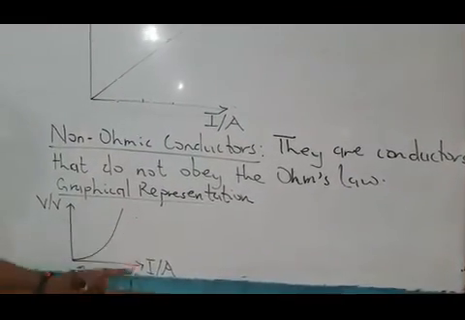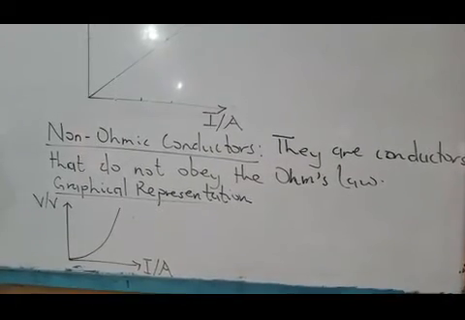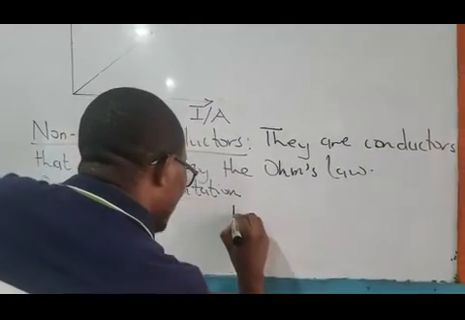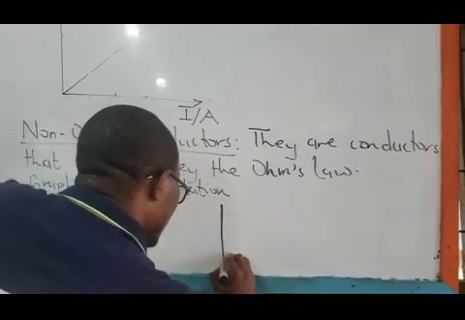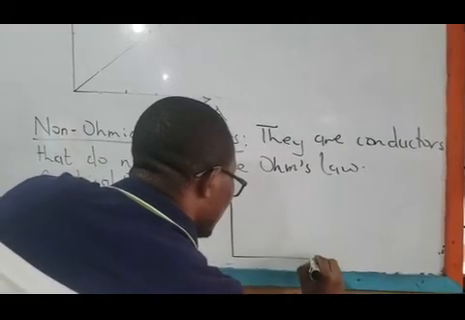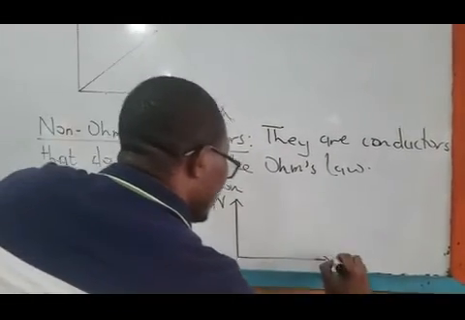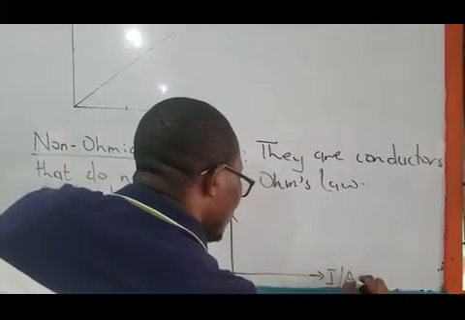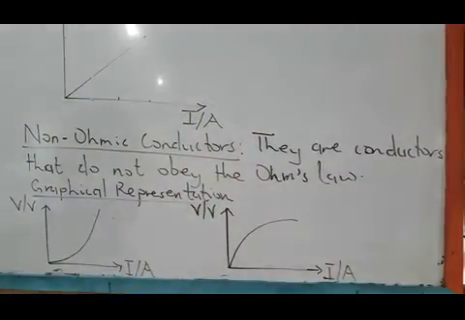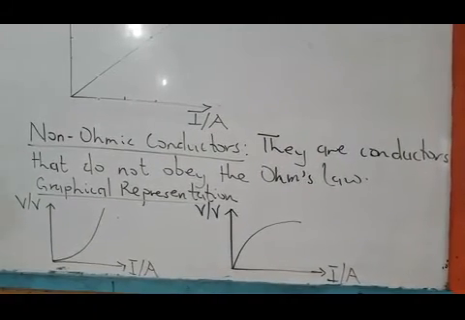But if you get a curve, then it means that conductor is non-ohmic. Or if you have the curve this way, you also get a curve this way. It is also non-ohmic.